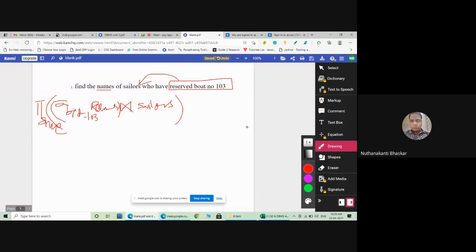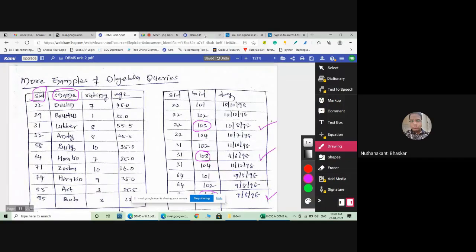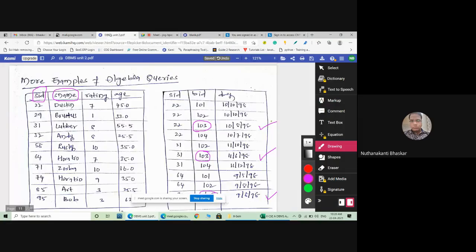So I will show you in the table also. Here we have selected only 103, this one and this one. Then when I join with the sailors, what will come out?